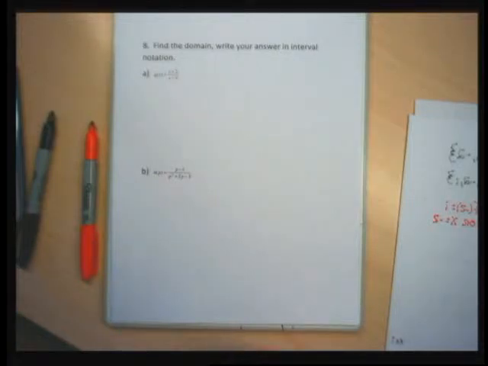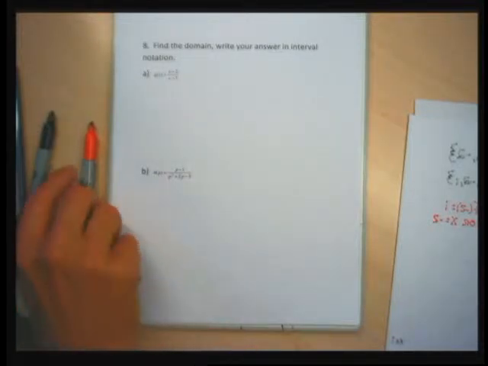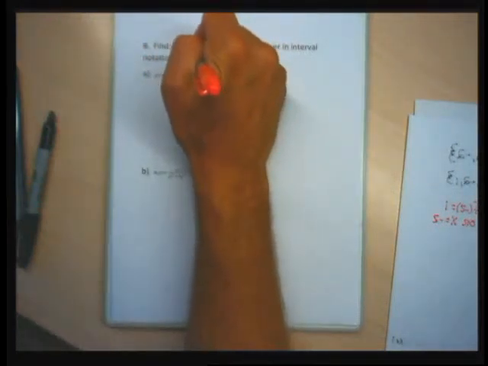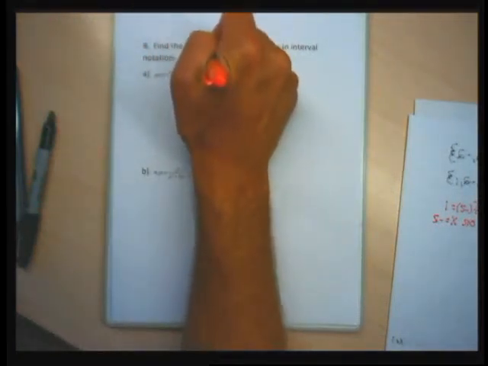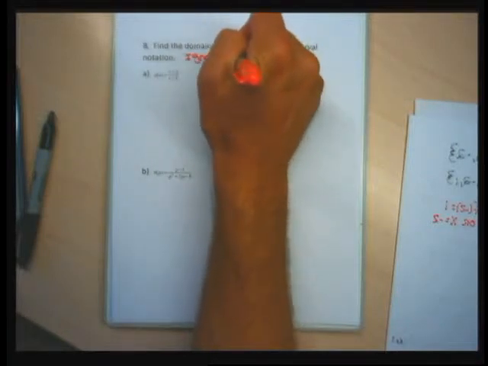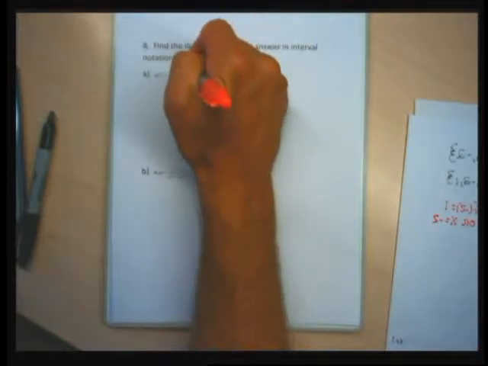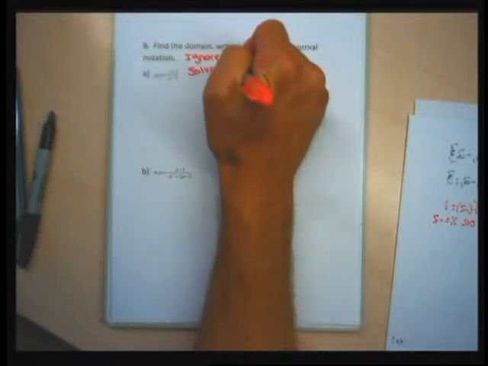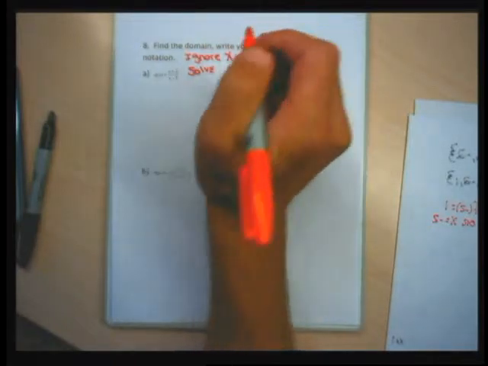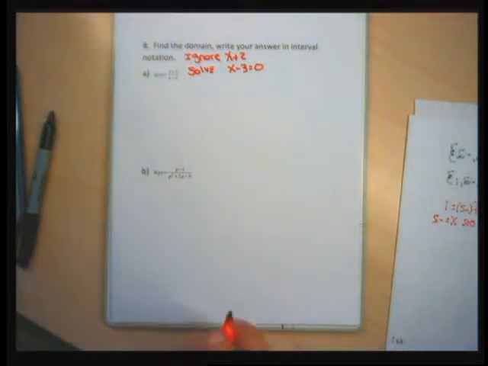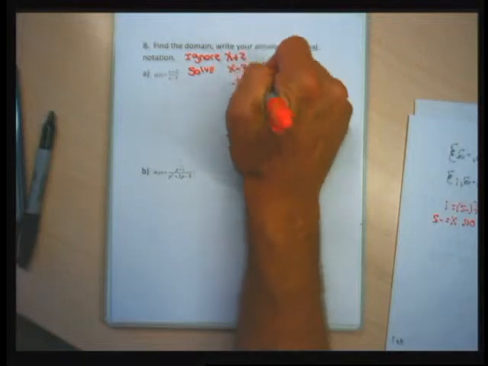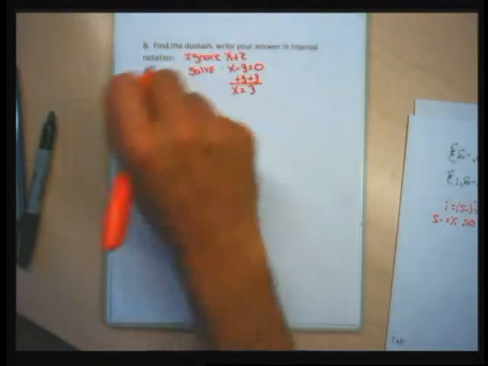Question 8 asks me to find the domain of a fraction. To find the domain of a fraction, you ignore the numerator. So in part A, I'm going to ignore the x plus 2, and I'm going to solve the denominator equal to 0. To find the domain of any fraction, I ignore the numerator, I find out where the denominator equals 0, and I write my answer.